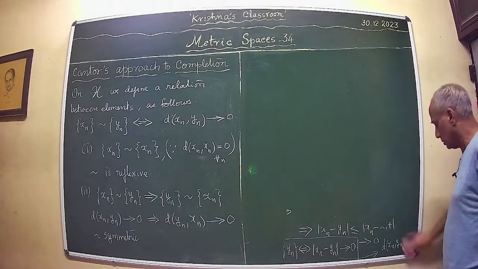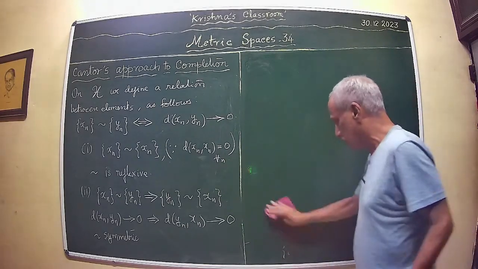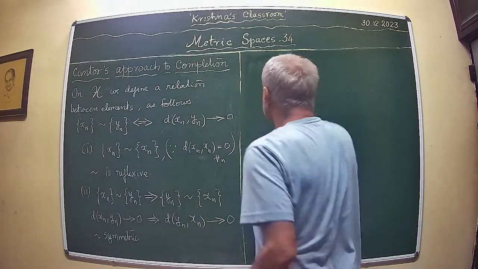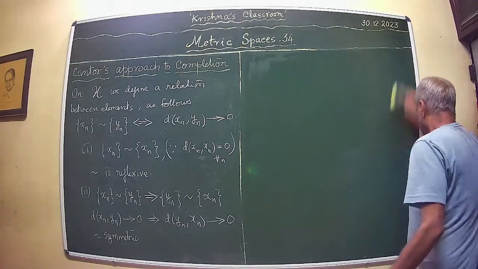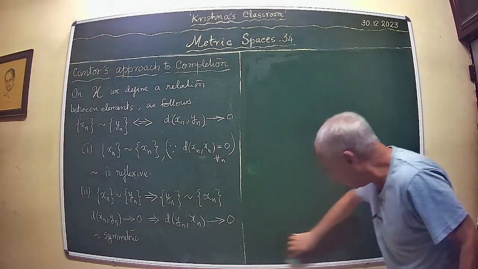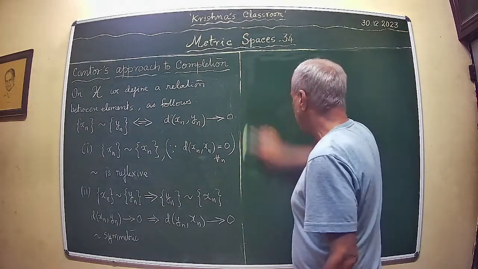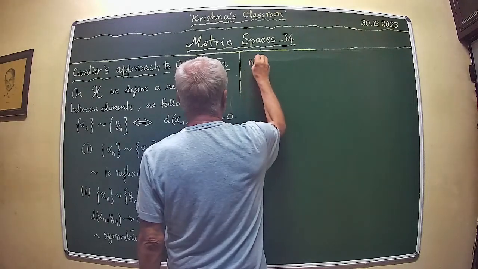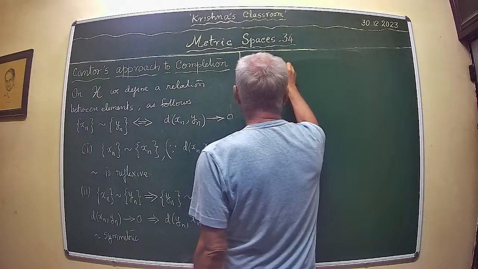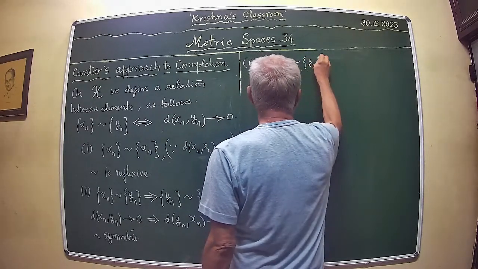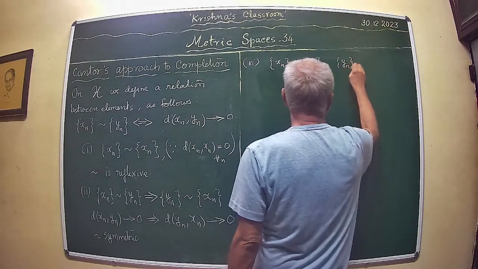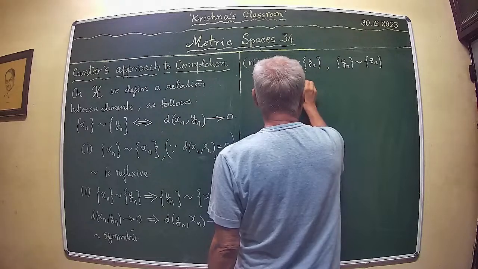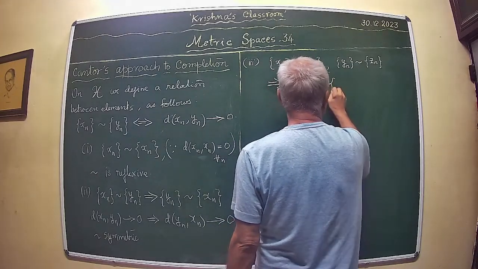The third property that we are looking forward to is the following. xn related to yn, yn related to zn implies xn related to zn.